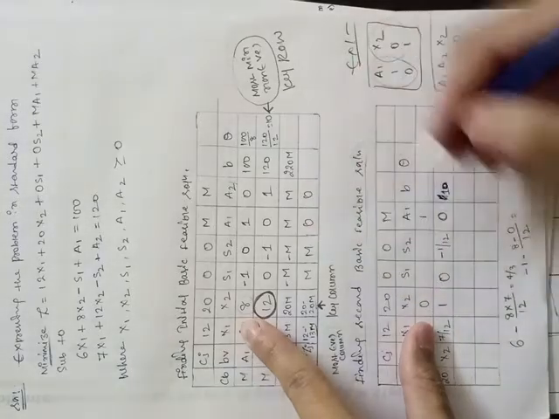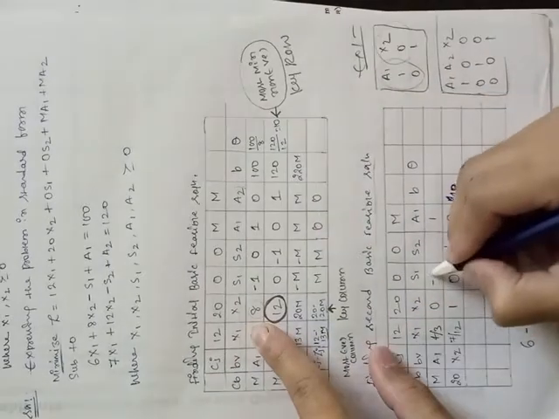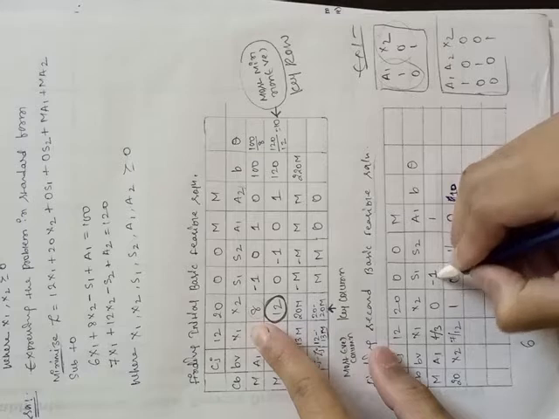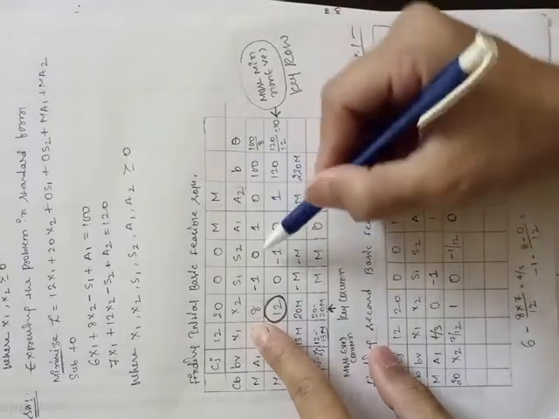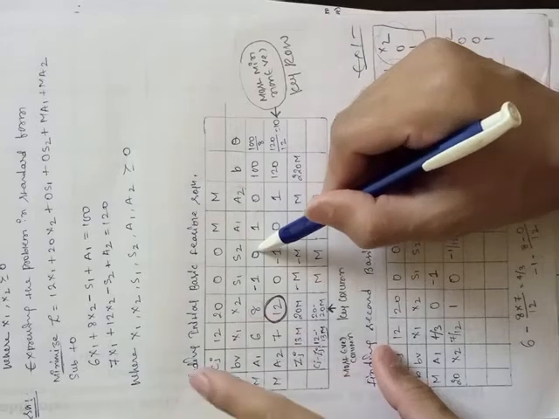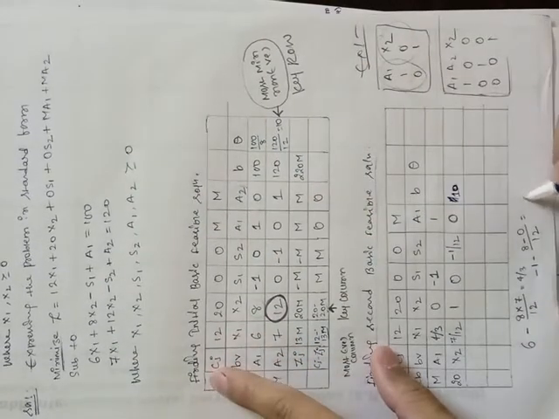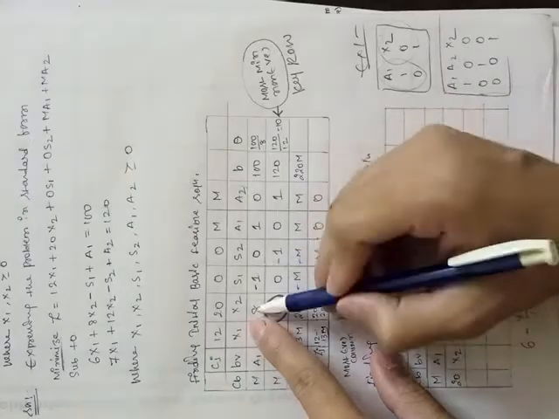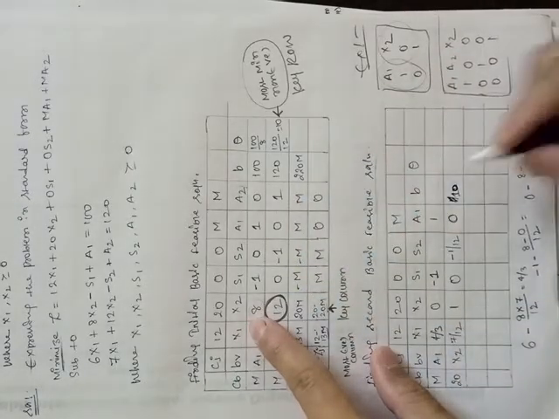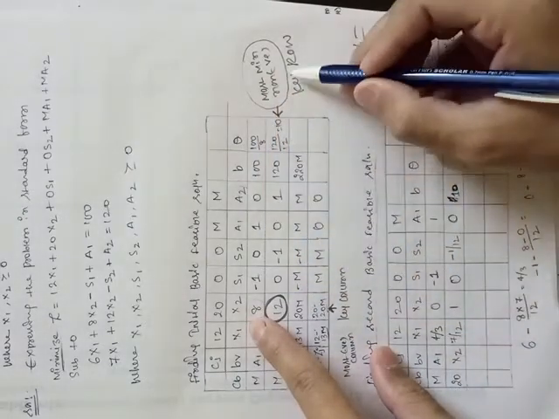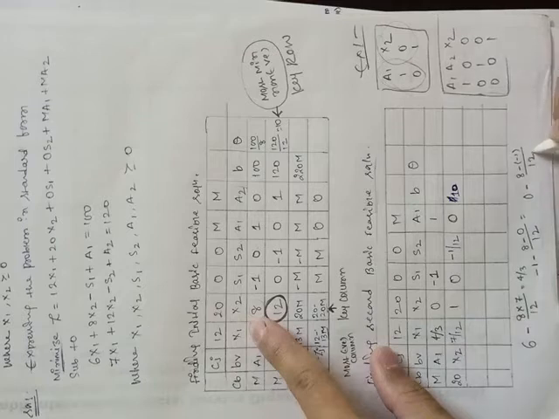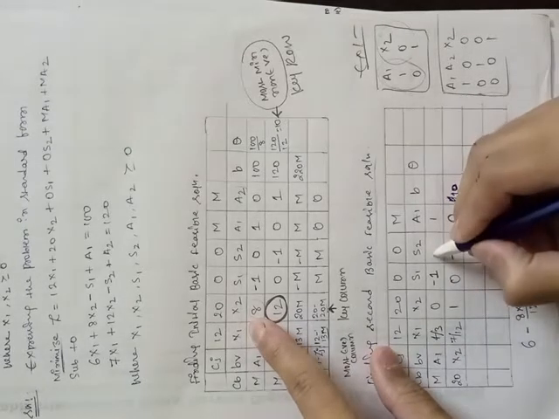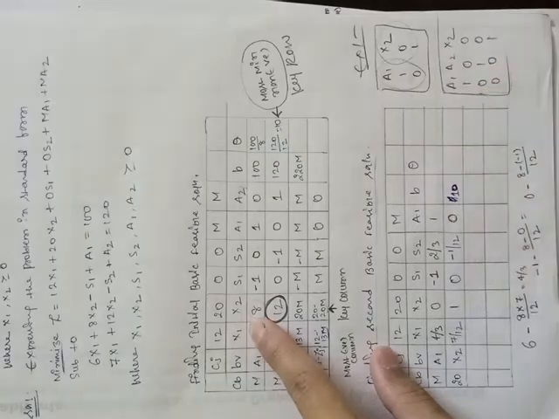So the answer is minus 1. Again for S2, 0 minus the corresponding key column value, that is 8, into the corresponding key row value, that is minus 1, divided by the key element, that is 12. So we get 2 by 3.